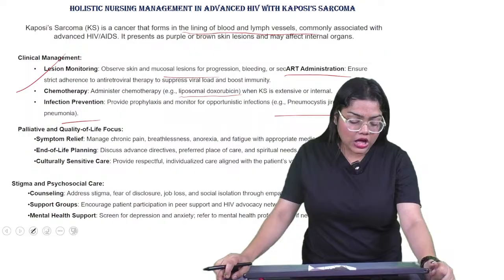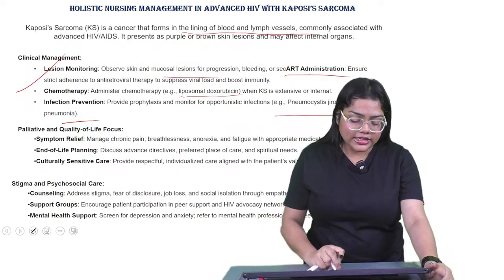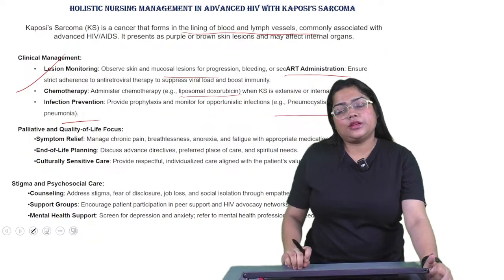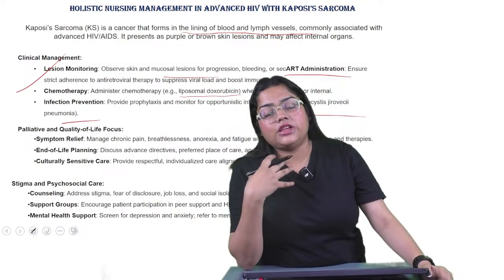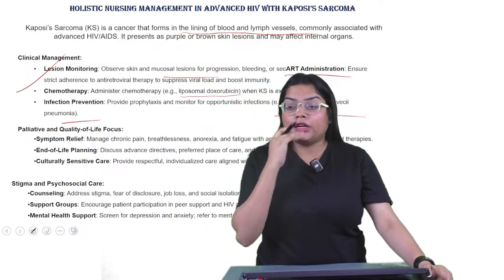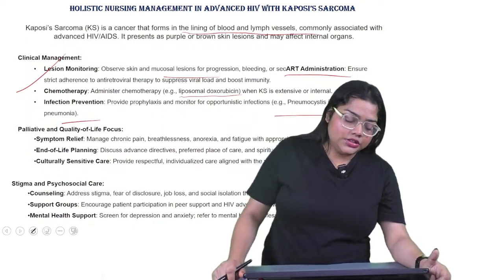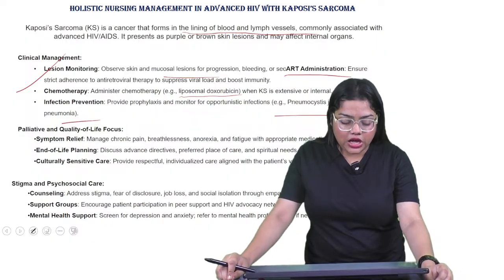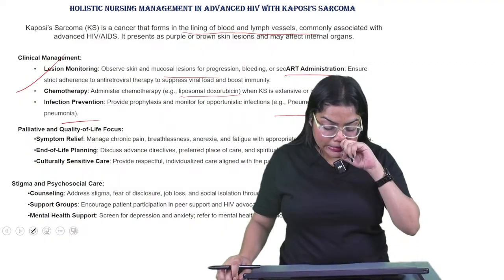Next we will move on to the palliative and quality of life focus. First, we have to relieve the symptoms. Because HIV is a non-curable disease, we can't treat it 100%. But what we can do is give symptom relief, such as managing chronic pain through analgesics and all.